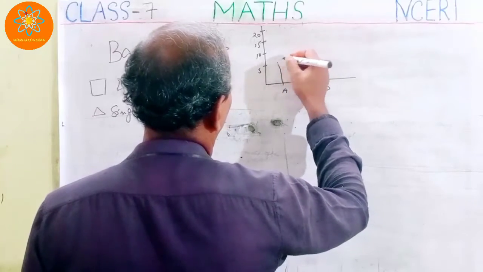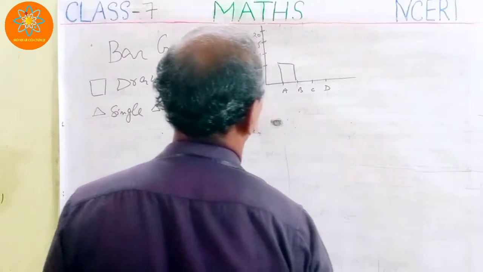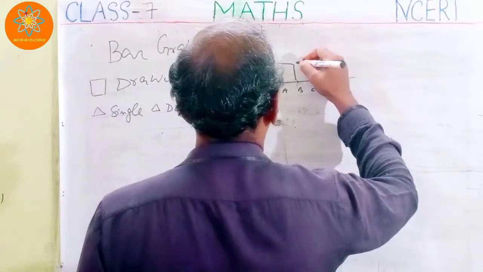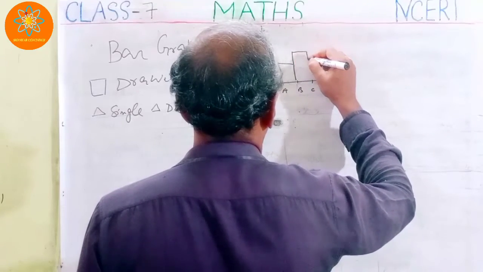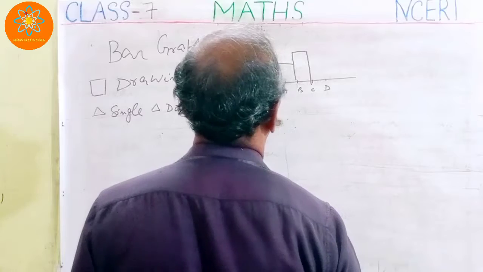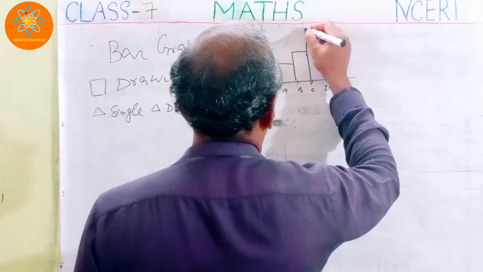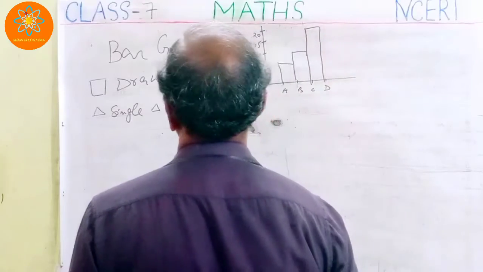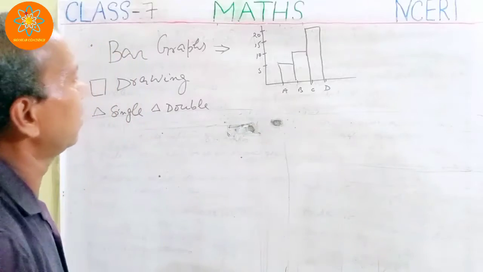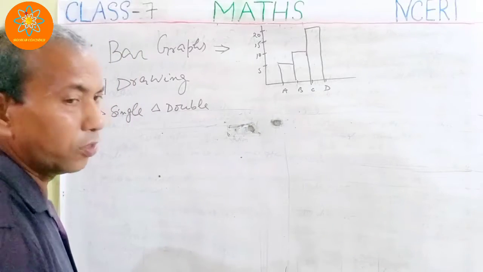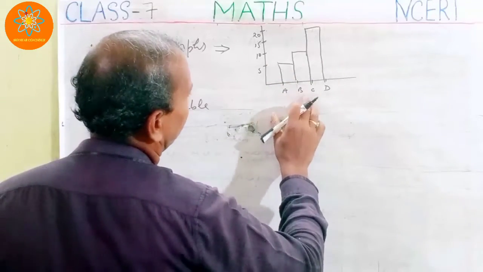Now for B, let's suppose like this. And for D, let's suppose it's 20. So this is a bar graph. Drawing the bar graph, we can make the distance also between A, B, B, C and C, D.